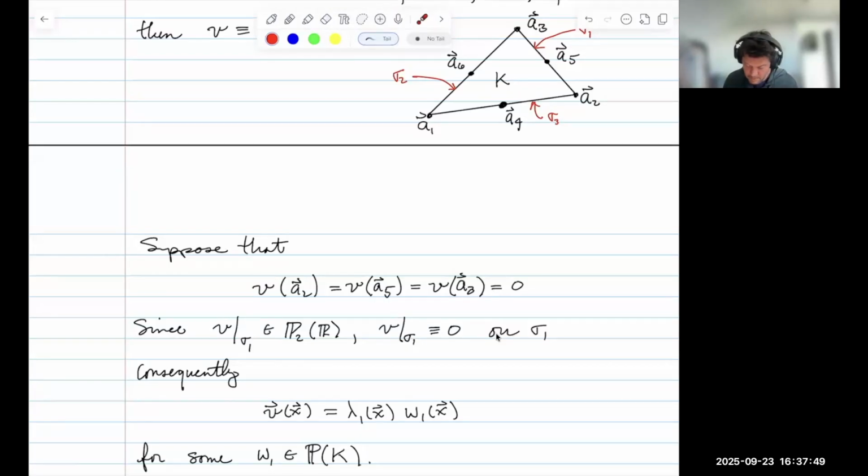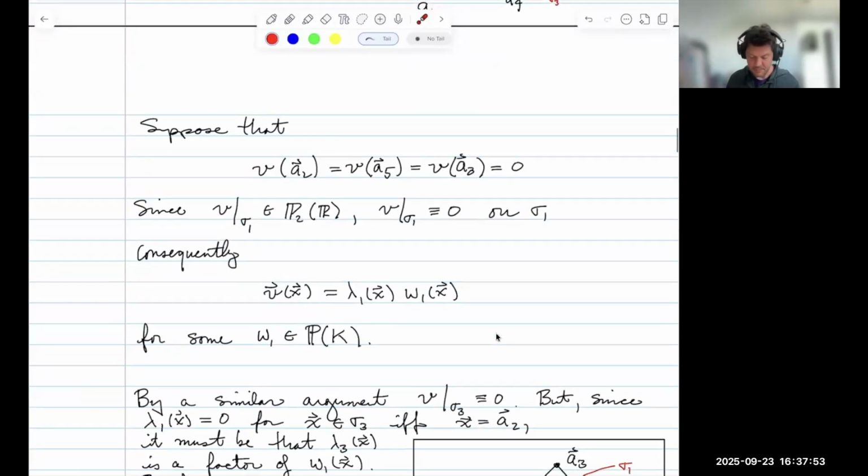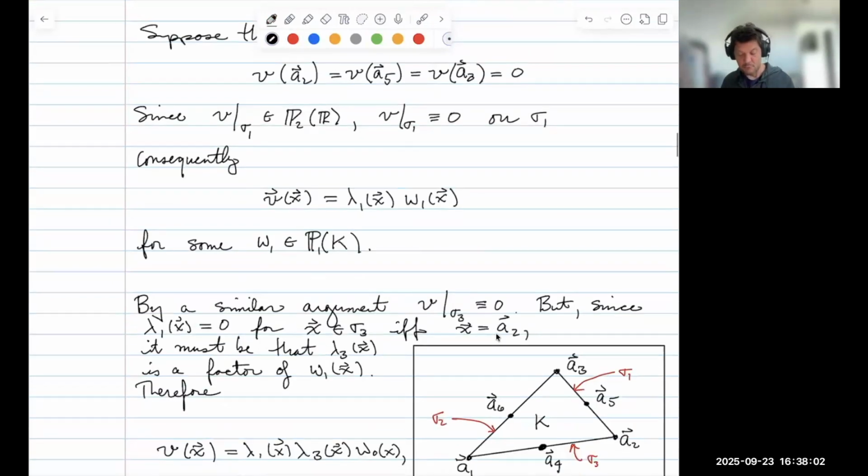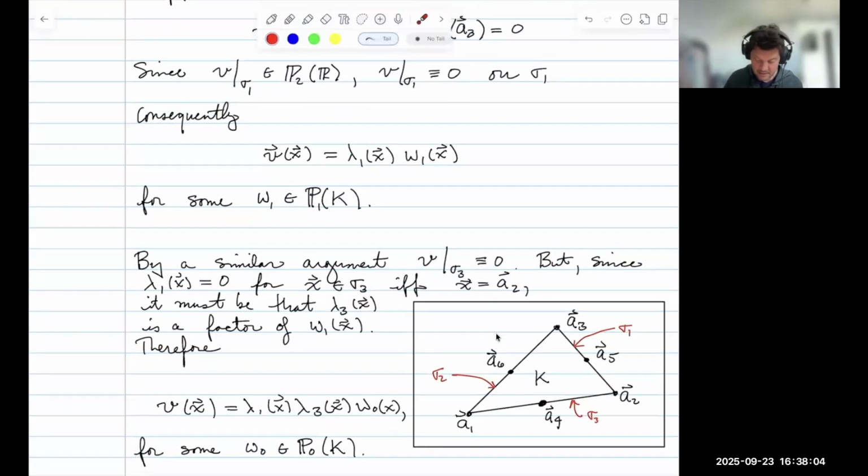Okay, but what about this remainder polynomial? It has to be a polynomial of degree 1. And I have a typo there. That's the so-called remainder. So this is the factor, and that is the remainder.